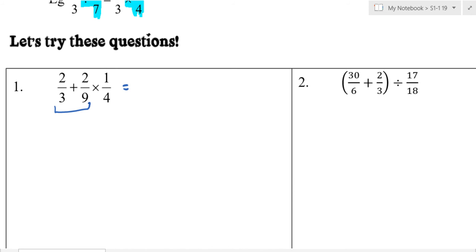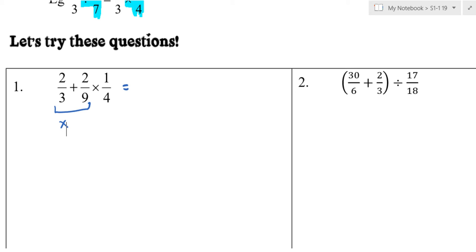These two first. Wrong. Why? Because your Aunt Sally says cannot. Remember what your Aunt Sally says? Multiply and divide first. So which one must you do first? Not these two, but the second and third one.